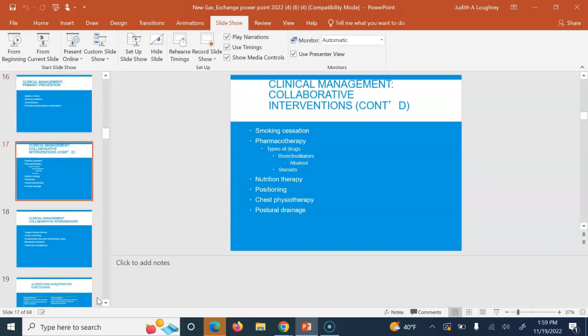Next thing is clinical management, collaborative interventions. So we want to, of course, smoking cessation. They will use pharmacotherapy types of medications, like bronchodilators, which would include albuterol. They might use steroids, nutrition therapy, positioning. How do we position someone who's having a respiratory problem?